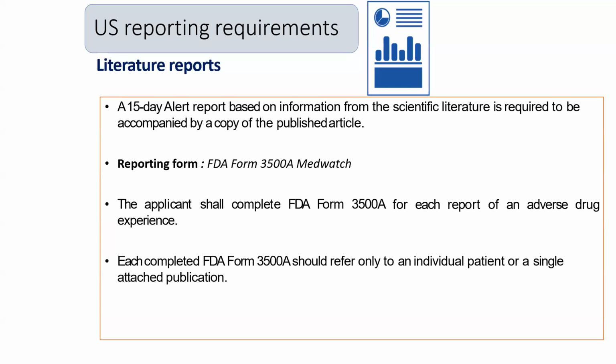Each completed FDA form 3500 should be based on only an individual patient or a single attached publication. So what I told you is that each completed form should contain only a single patient from the published article or publication.